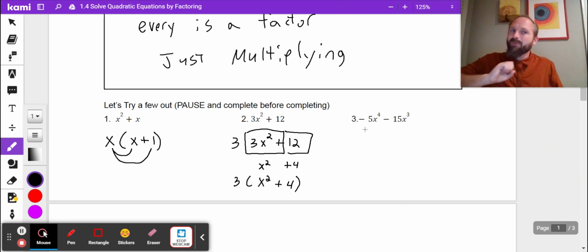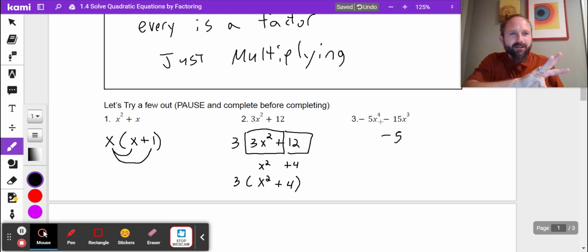Problem 3. Pause it in 3, 2, 1. All right, so I think they both share a negative 5. And how many x's? I have four here and three here, so they both have at least 3. I'm going to put an x to the third power.